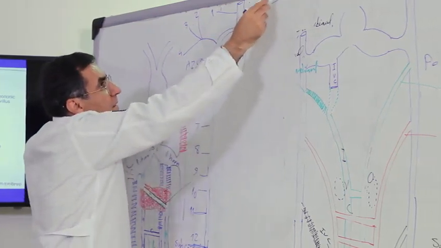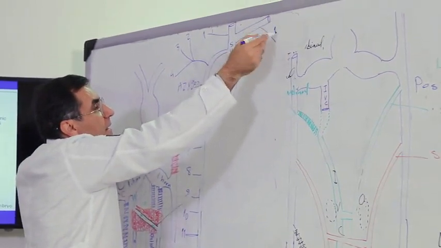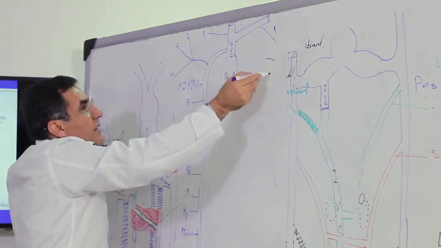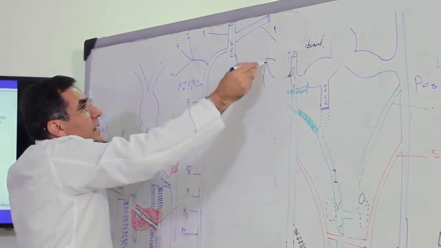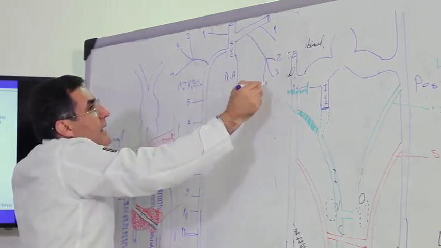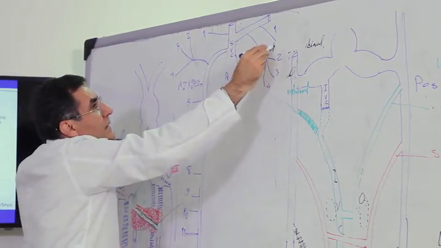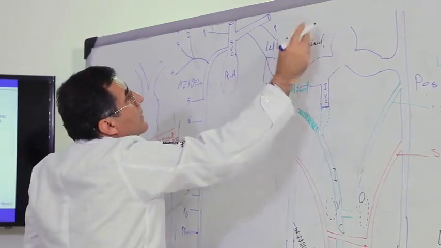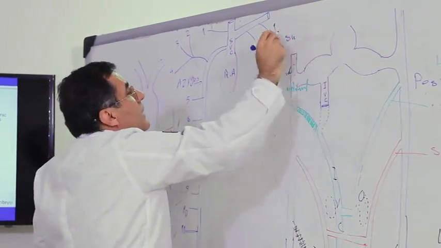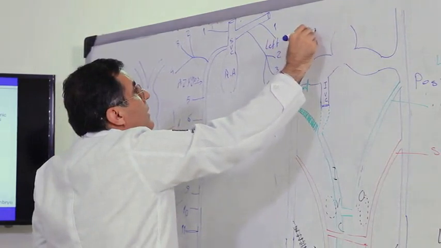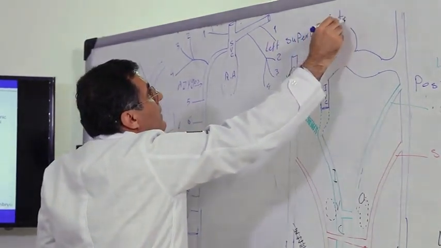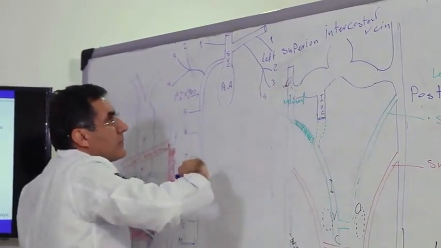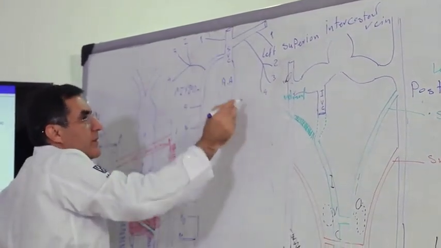On the left side, the first posterior intercostal drains directly to the left brachiocephalic. The second, third, and fourth drain by the left superior intercostal vein, again to the left brachiocephalic.